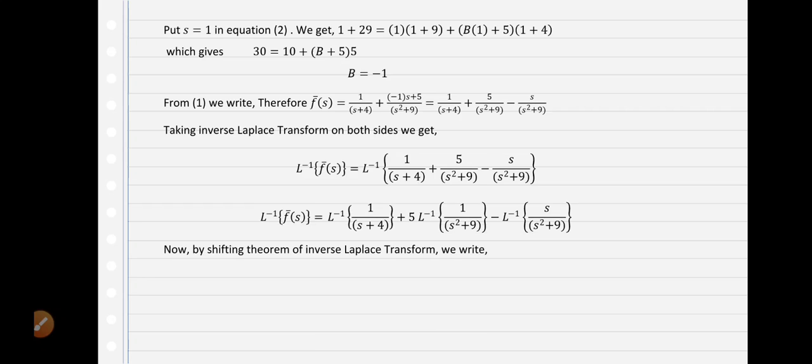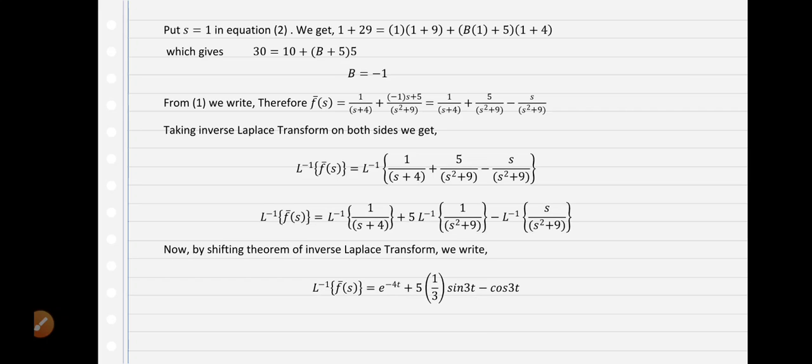So the answer we get, L inverse of f bar of s, equal to e raised to minus 4t plus 5, multiplier as it is. For the second one, 1 by a sin at, a is 3 here, so 1 by 3 sin 3t, minus cos 3t.